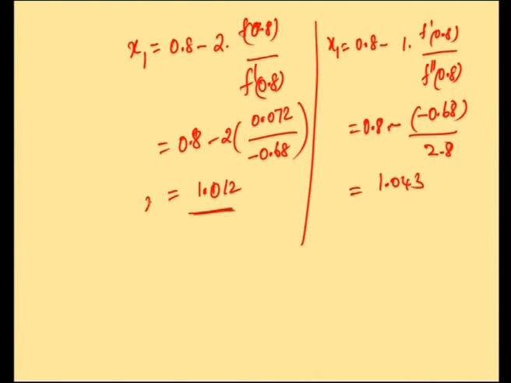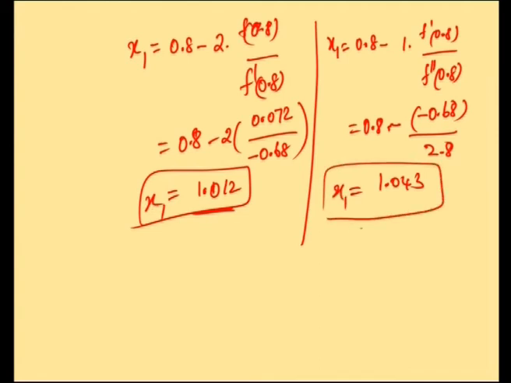Now you can see x1 is 1.012 and x1 is 1.043. So these two values say that our root is nearer to 1.0. So for the next approximation we shall start with x1 equal to 1.01.